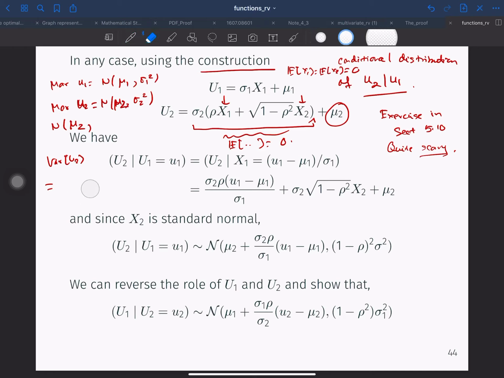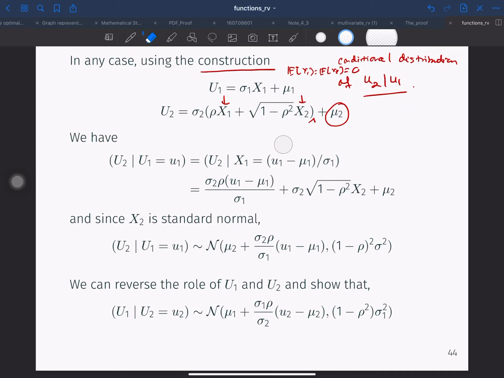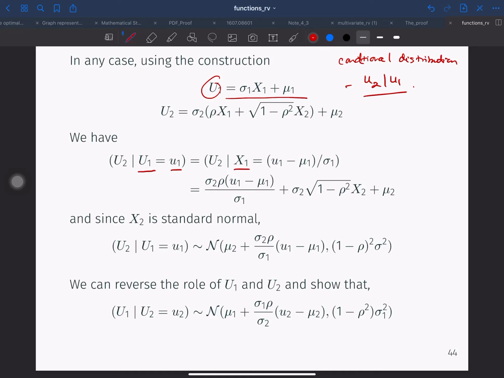Okay, so let us go back and talk about our next aim, which is to derive the conditional distribution of u2 given u1. So if I told you the value u1 equal to little u1, that's the same as telling you that x1 is u1 minus mu1 divided by sigma 1, just because of this linear relationship between u and x.